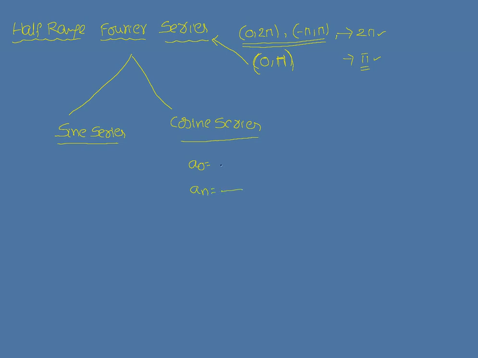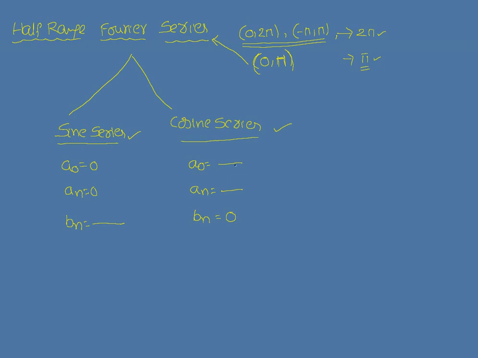These two terms will exist and the bn term will be 0. In the sine series, a naught is equal to 0 and an is equal to 0, only the bn term will exist. This is the basic concept regarding the half range sine series and half range cosine series.